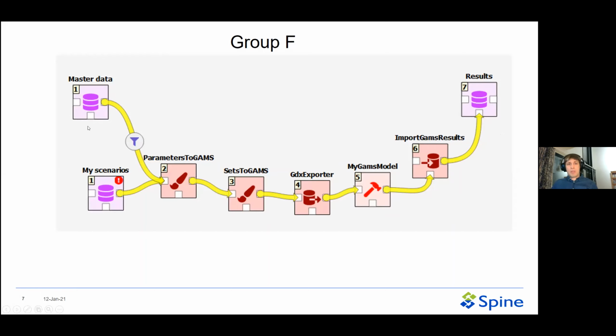And they might just be taking the data from the master database and then having another database where they add the things that they need for their process, and then depositing their results into the result database that the others might again see. And of course, you can do this in any way you want. This is all very flexible, but this is just an example.